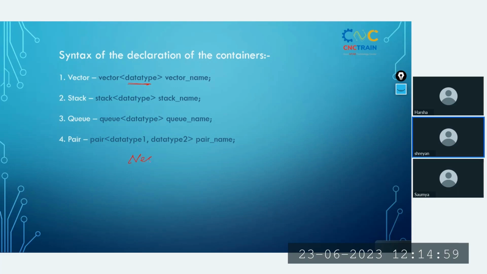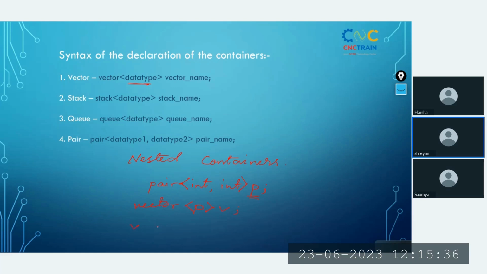So let's think of something a bit complex. We can do nested containers. If we want to make a vector of pairs, let us declare a pair, and let us think that it is a pair P. Now we want a vector which has pairs in it of the type P. So we can declare the vector like this.